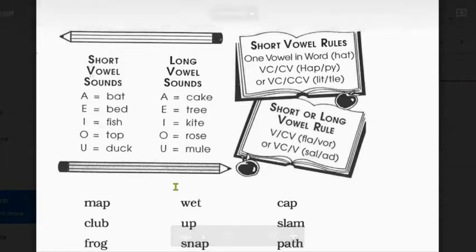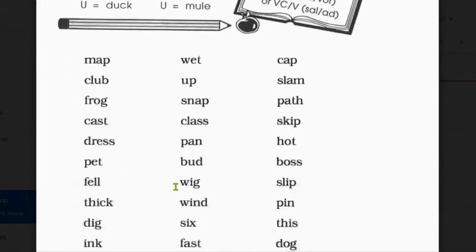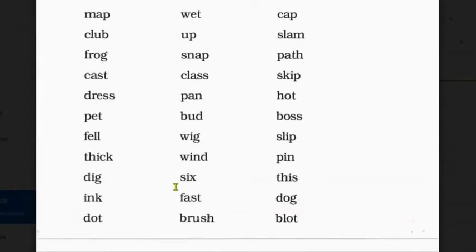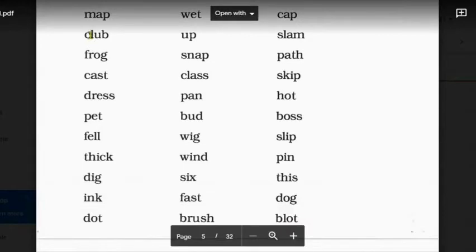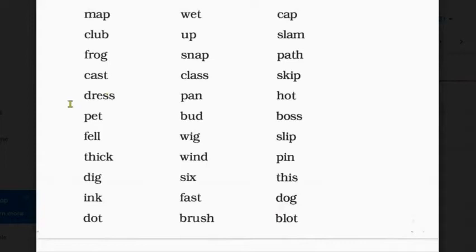And so what you are going to do now is read these words, not just once, but many times. And so your goal is to get like lickety-split fast on it. So here you're going to go put the letters in order. Map, club, frog, cast, dress. So see how we just put those letters in order?